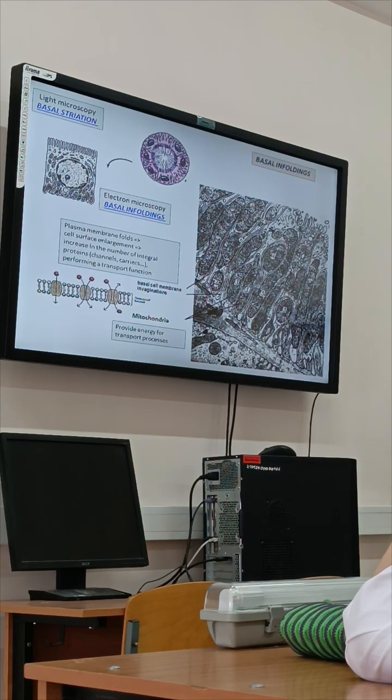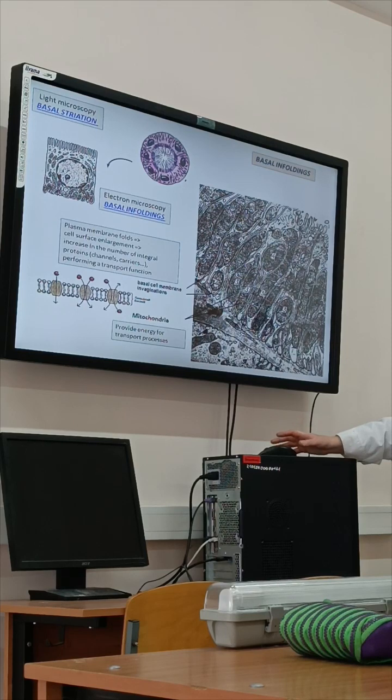We discuss only this picture. That's all. This is epithelial tissue. One cell. Tell me please, what is it? What is it here? Look like what?